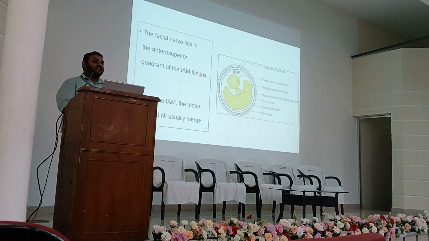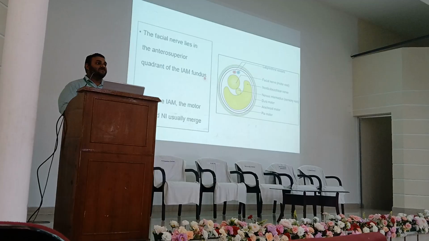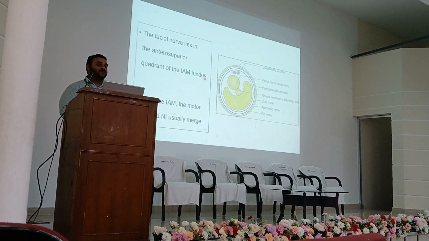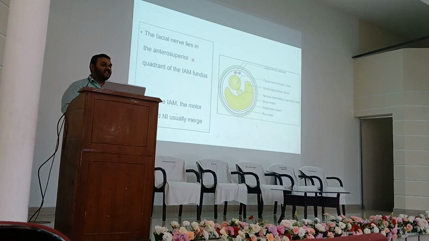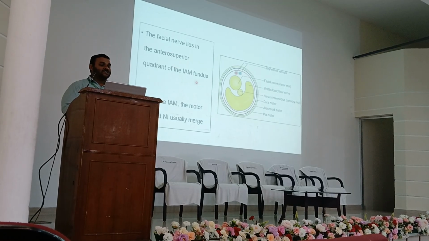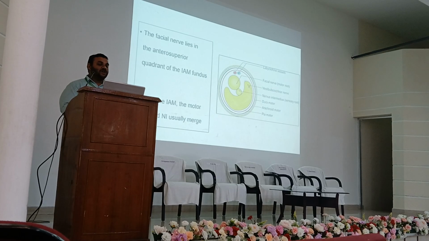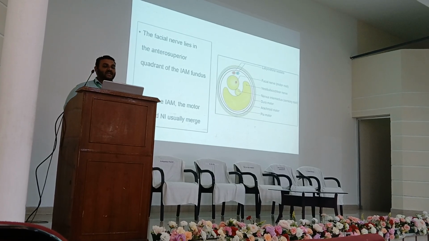Inside the internal acoustic meatus, the facial nerve's motor root and sensory root merge and form a single trunk. The facial nerve lies in the anterosuperior quadrant of the internal acoustic meatus fundus. This is the arrangement of facial nerves and vessels.